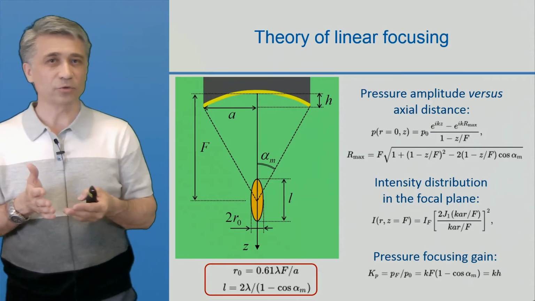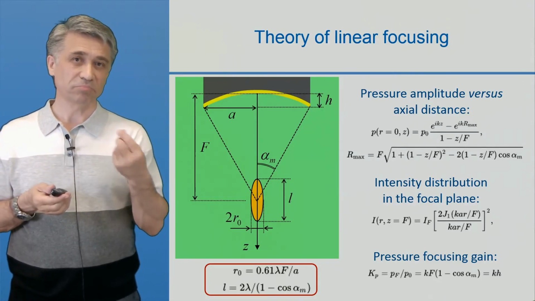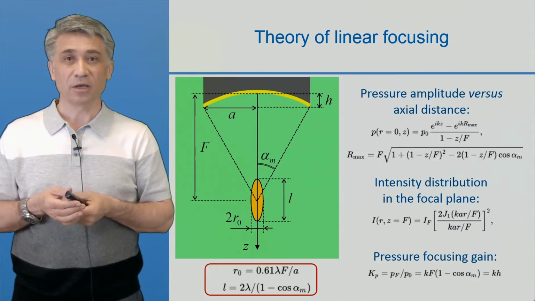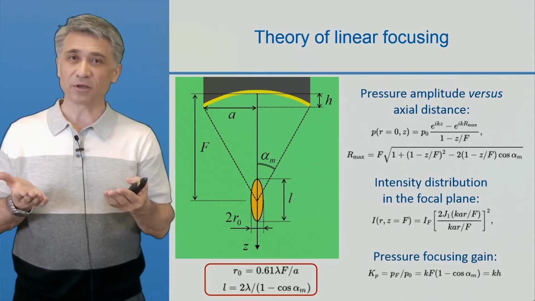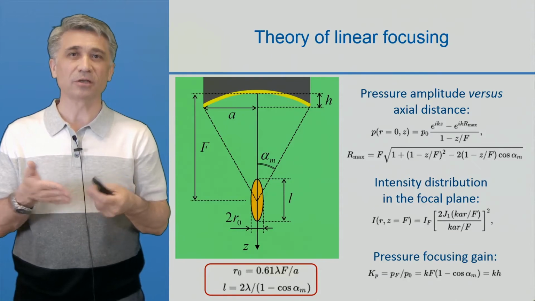There is also a factor which is related to the angle of convergence. So now you can exactly predict the size of this focal region. And when you increase the frequency or decrease the wavelength, the region becomes smaller. And then you have more concentration of energy and better focusing.